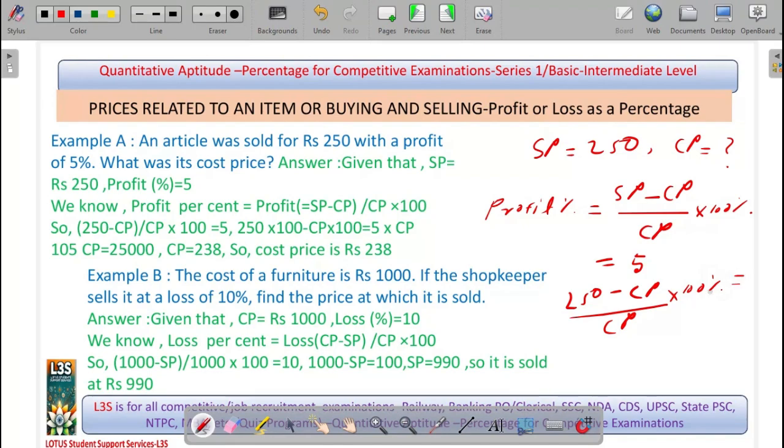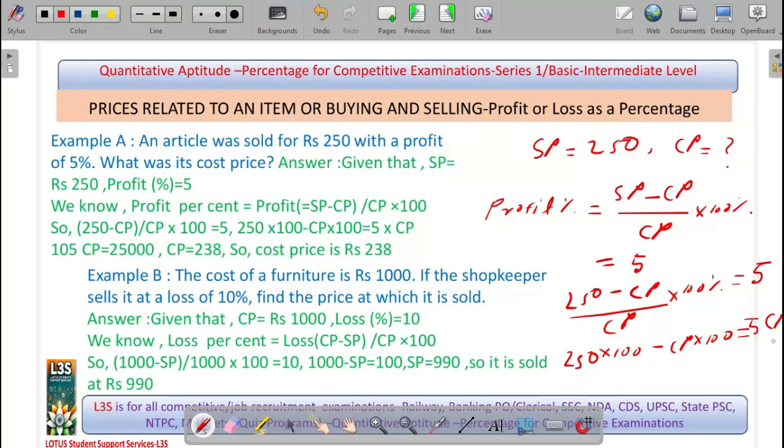If 100% means 100, we can write 5. So 250 into 100 minus CP into 100 equals 5 into CP. So 5 CP.